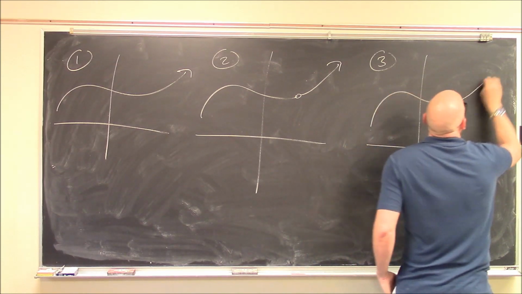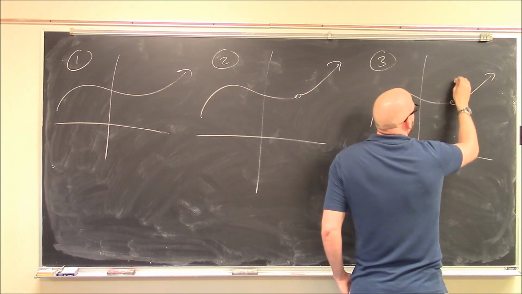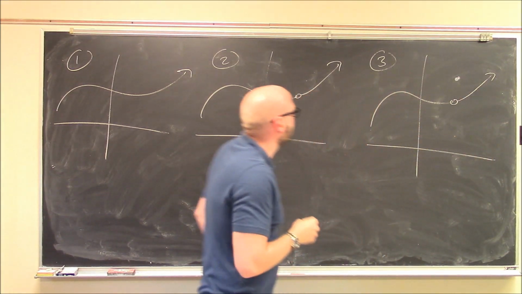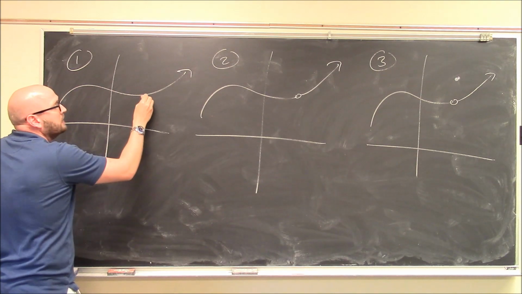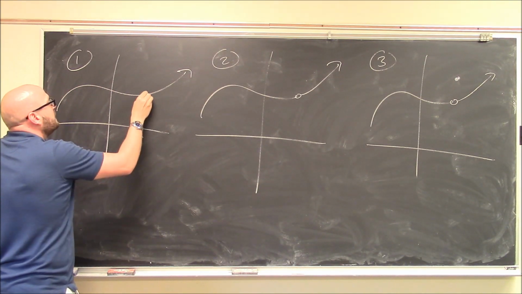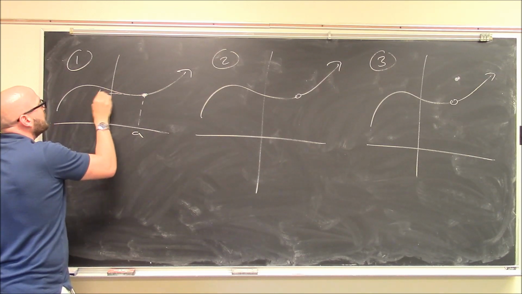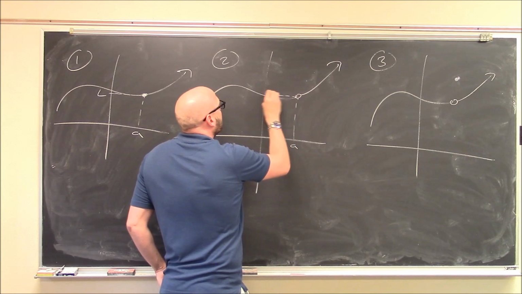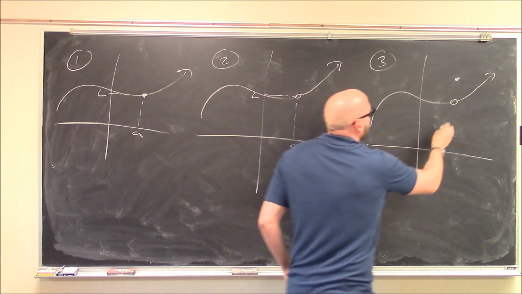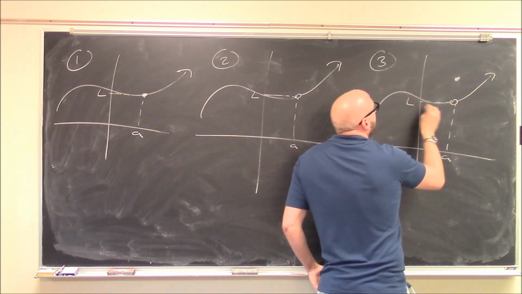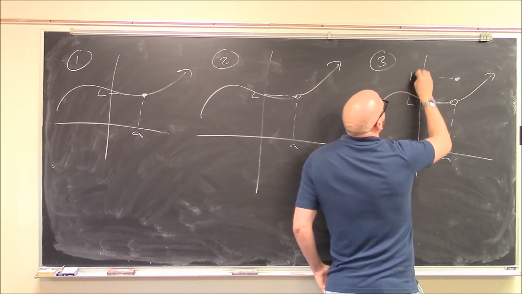I'll still put that hole, but I will actually define the function right here to be that value. Okay, so there's the hole occurring right around there. Let's say that's A, and let's say this value is L. So this is A, and this is L. And again, that's happening at x equals A. There's L, and let's say this value is H.